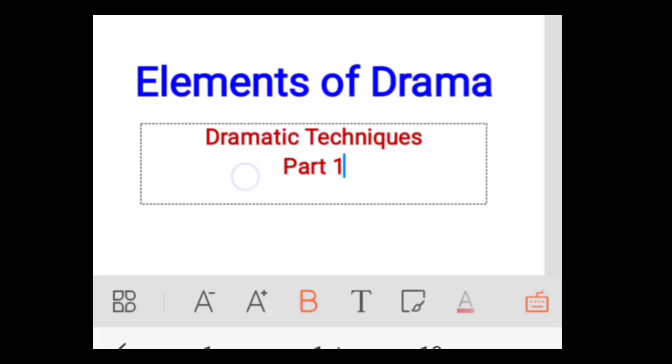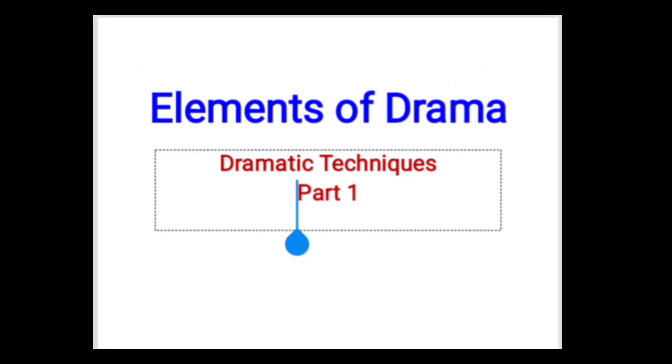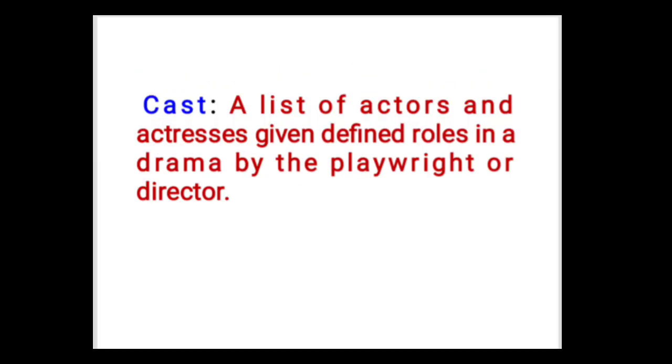The first element of drama that we are going to discuss today is cast. It is a list of actors and actresses given a defined role in a drama by the playwright or the director. When you are reading a play, that first part, before they start scene 1, scene 2, they will write the cast.